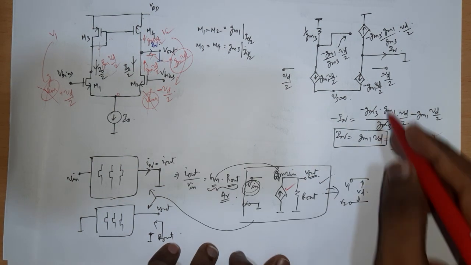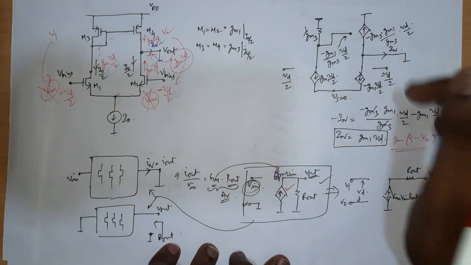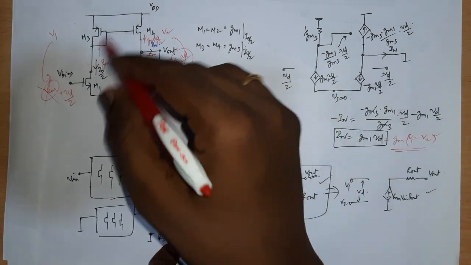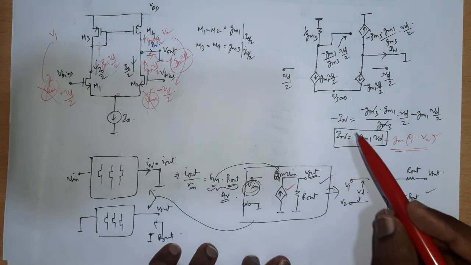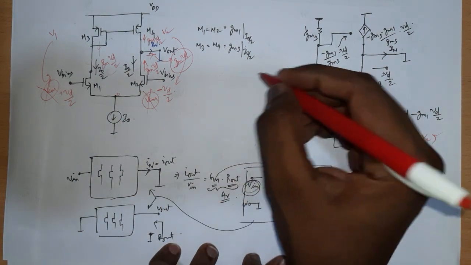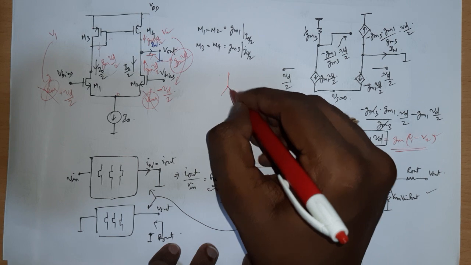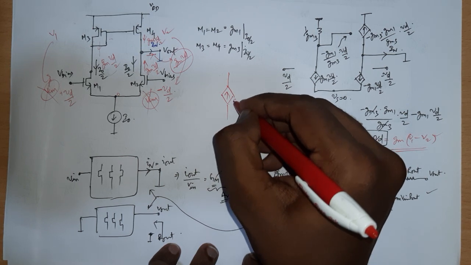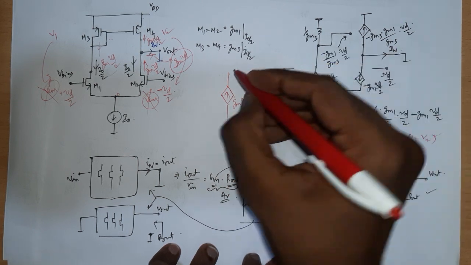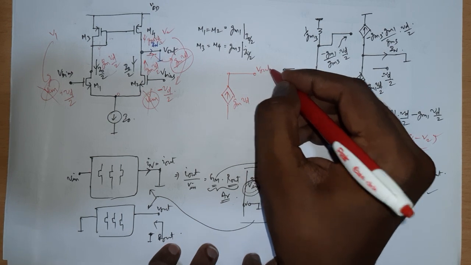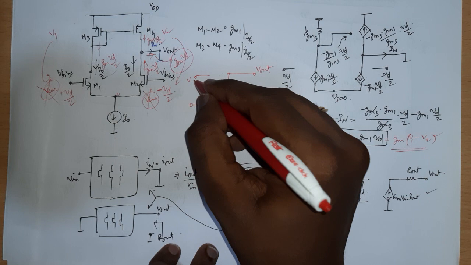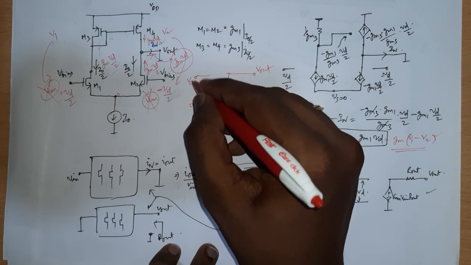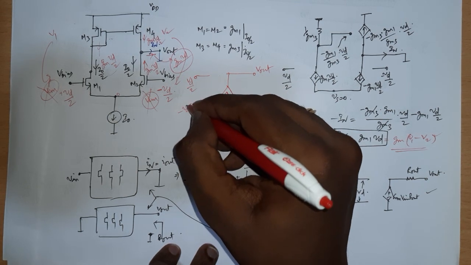So it's pretty straightforward, but this is to give you practice, and you can always analyze it through intuition and inspection like this also. Okay, so the Norton current that is flowing into the output node is GM VD, and you have an input side VD by 2 here and minus VD by 2 here.